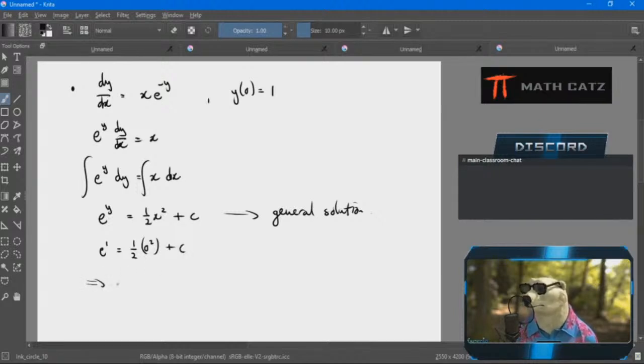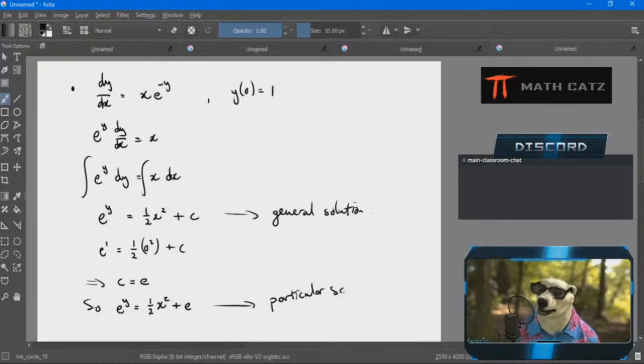And that tells me that C is equal to e. So my solution in equation form is e to the y equals 1/2 x squared plus e. And there's my particular solution.